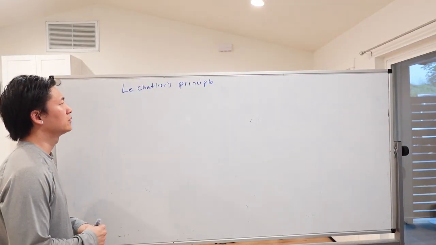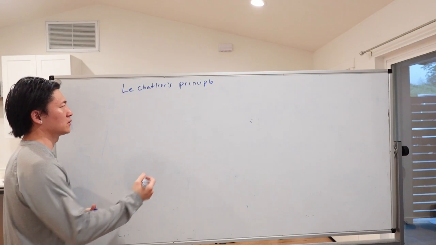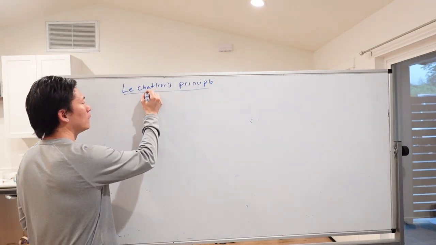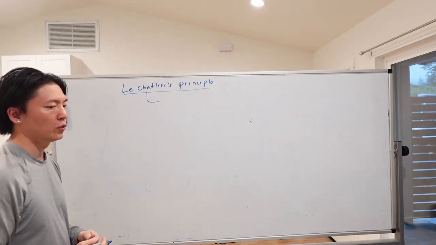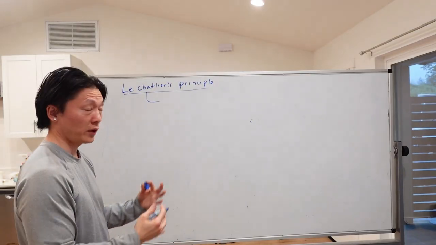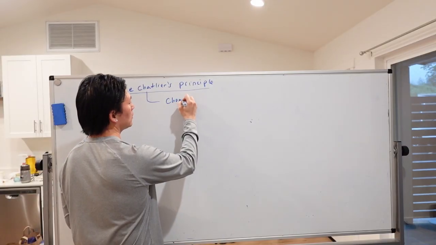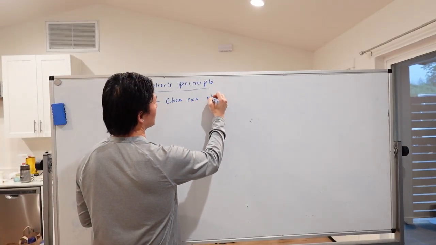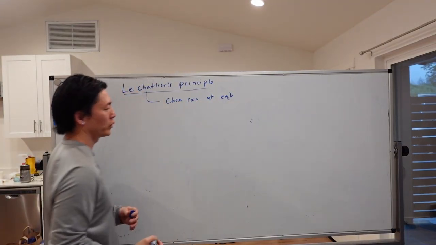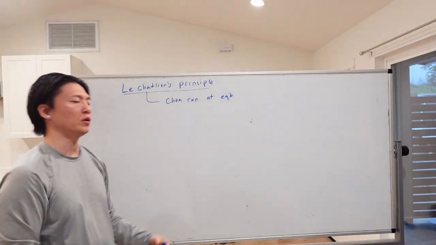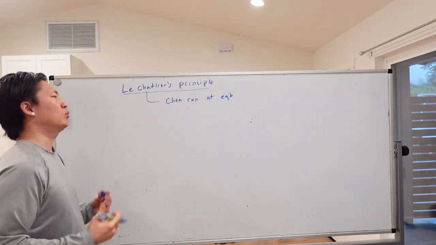So how does it work? When a chemical reaction is at equilibrium, so we allowed it enough time to reach equilibrium, right? And so it's at equilibrium.